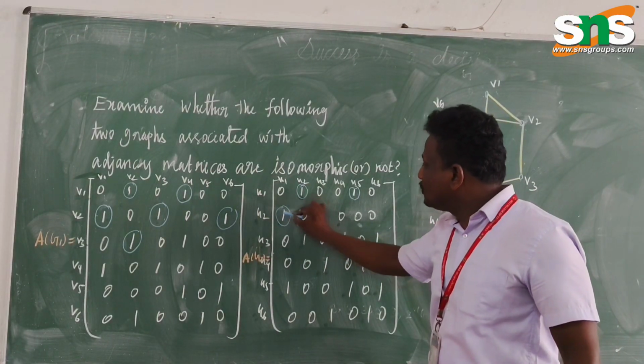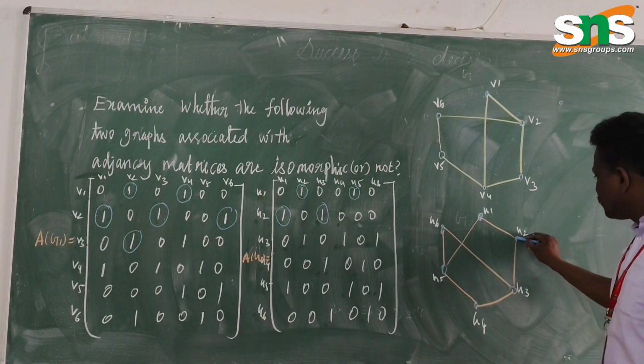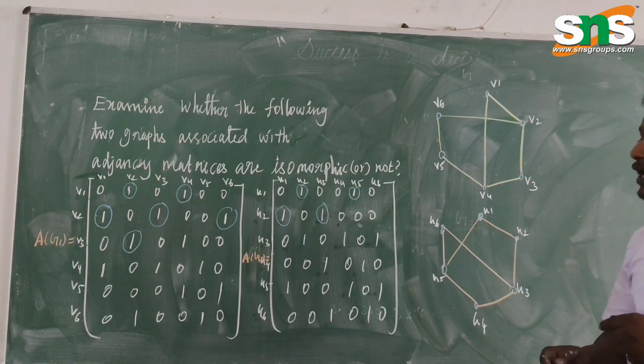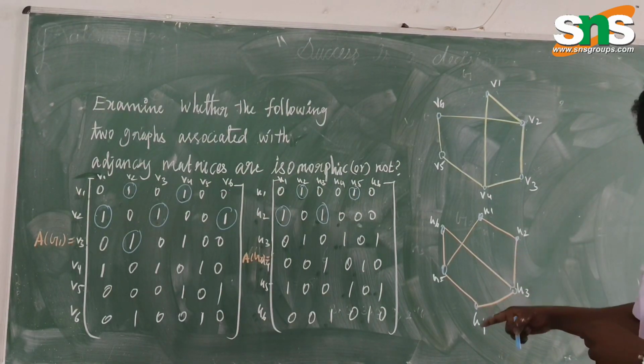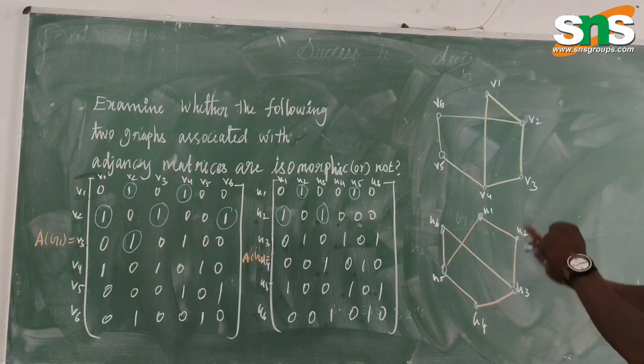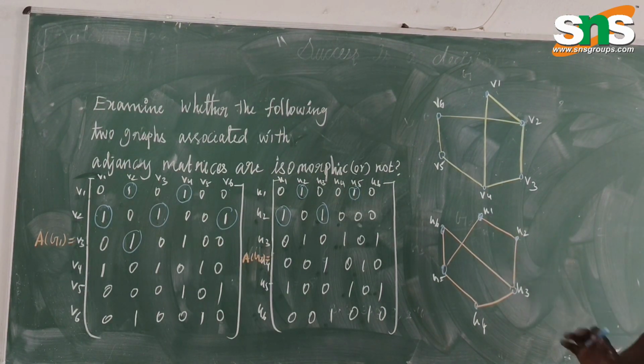U2 is adjacent to U1 and U3, right? In the same way, you have to draw all the edges based on the given information in the adjacency matrix.